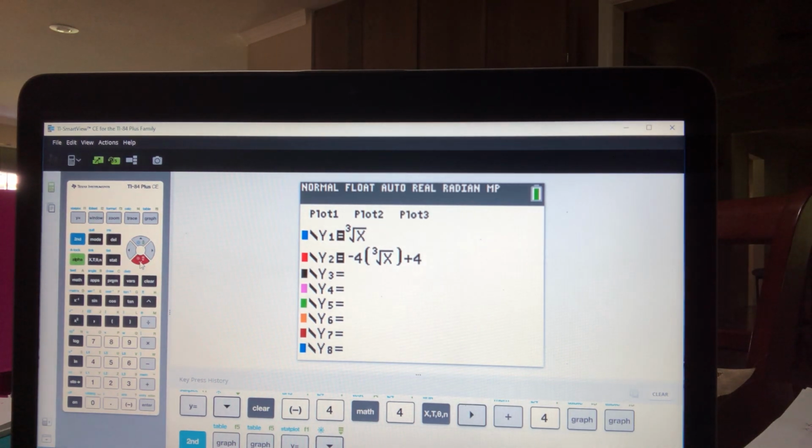First of all, the negative at the very beginning is a reflection across the x-axis. The 4, think of that as a positive 4, would be a vertical stretch by 4. And then the other 4 at the end, the plus 4, would make the graph shift up by 4. Okay, so 3 things you should write down for that one are reflection across the x-axis, a vertical stretch by 4, and then also a shift up by 4.